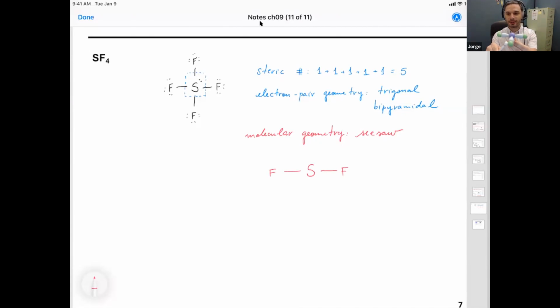Then to symbolize this bond coming out of the plane, we are going to use that bold drawing. And then the final bond that's going back behind the plane, we are going to use that dashed notation. Okay. And again, this is the seesaw geometry.